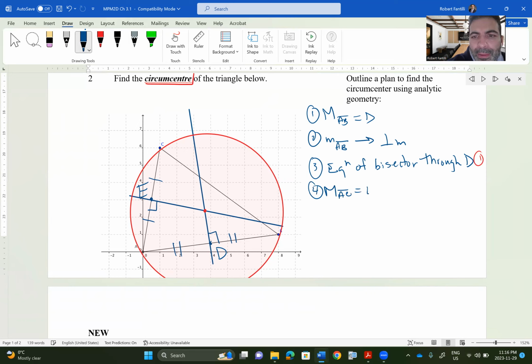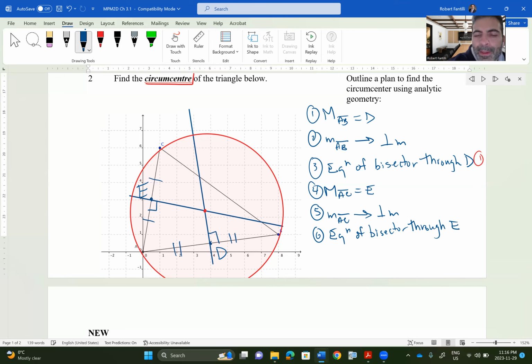We're going to call that E. Then we're going to find the slope of AC and take its negative reciprocal slope, because that's what we need. And then we're going to find the equation of the bisector through point E.